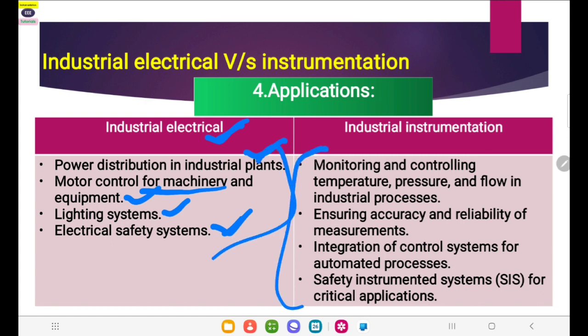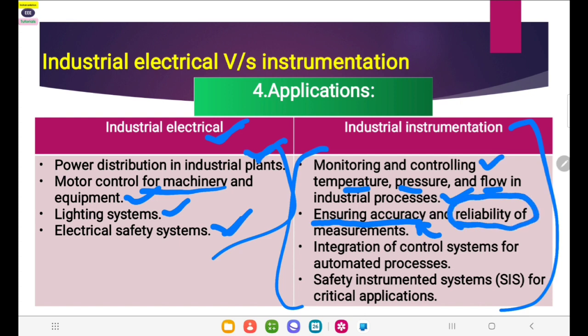Now the applications of instrumentation: monitoring and controlling of the temperature, pressure, flow in industrial process. During a job, you have to ensure accuracy, so that your instrument gives the proper value, and also it should be reliable, so that it can work efficiently for a long time.